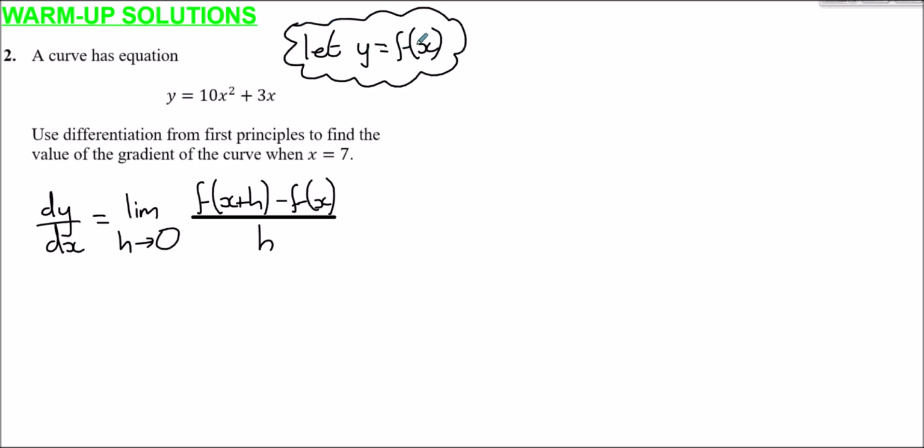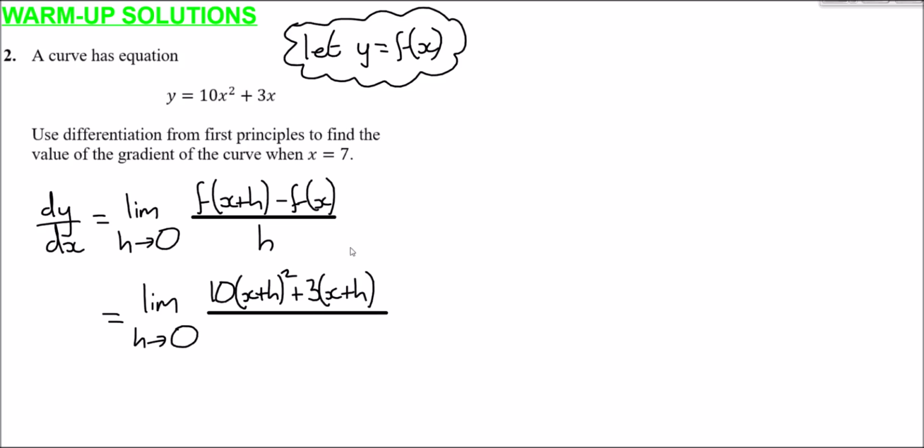So if y is f of x, then f of x plus h will just be what y is if x is swapped for the input x plus h. So let's do that next. And sadly, we need to write this every single time, lim h going towards 0. So f of x plus h will be 10 lots of x plus h all squared, plus 3 lots of not just x, but now x plus h.